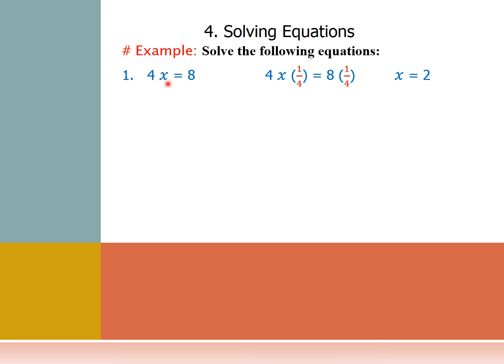Then 4x multiplied by 1 over 4, 4 over 4 is 1, so we get x alone, and 8 multiplied by 1 over 4, or 8 divided by 4, is 2. So this is the last answer.